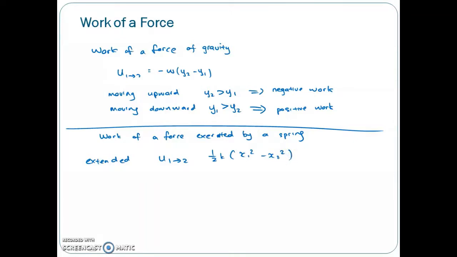So if the spring is extended, then our x2, the final one, will be larger than the initial one. Then here we will have a negative work.